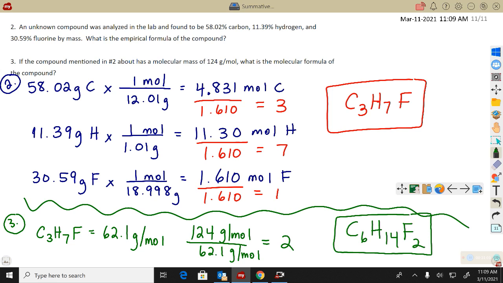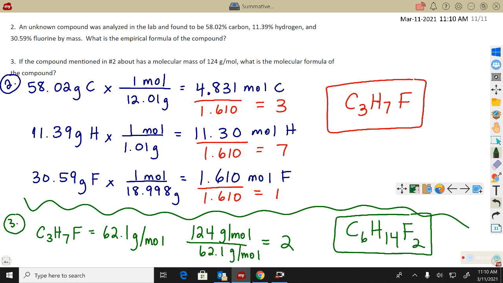But again, it does help to leave, I usually go like at least 3 digits. So if you would have maybe just rounded to like 1.6 instead of 1.61, then maybe you wouldn't have gotten a perfect whole number. I mean, it's probably still close, but leaving a little bit of extra precision might help.